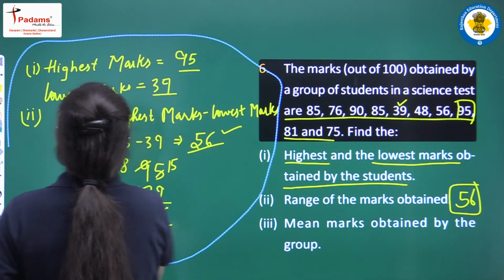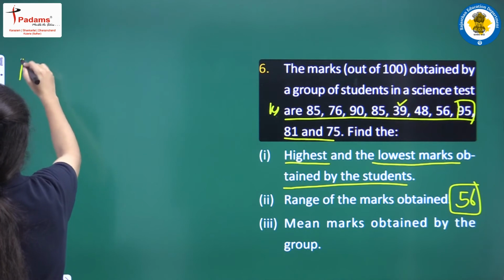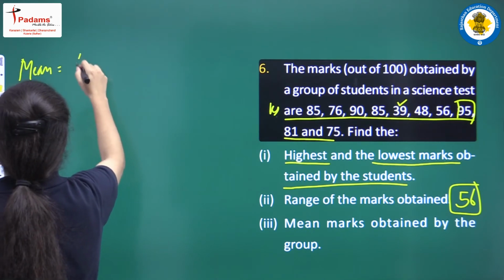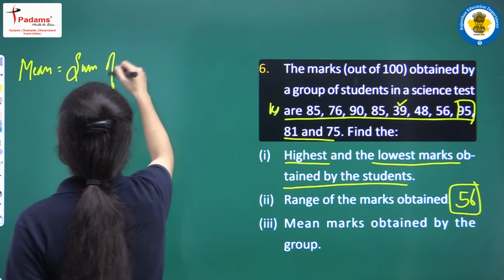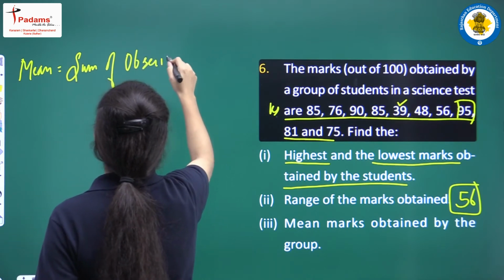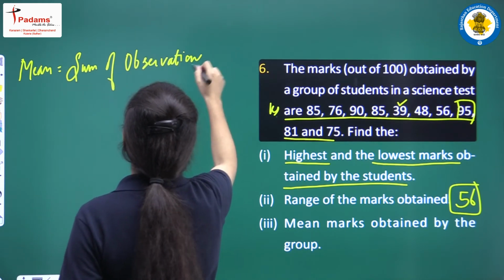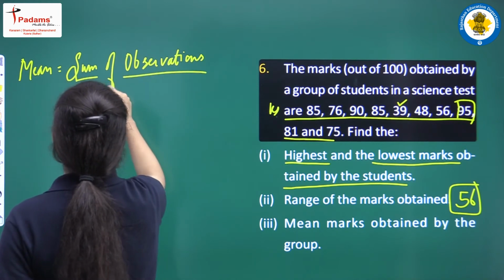So students, mean is equal to sum of observations upon the number of observations.